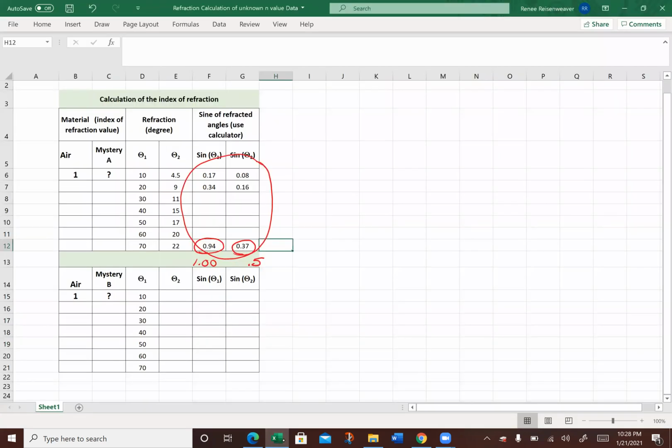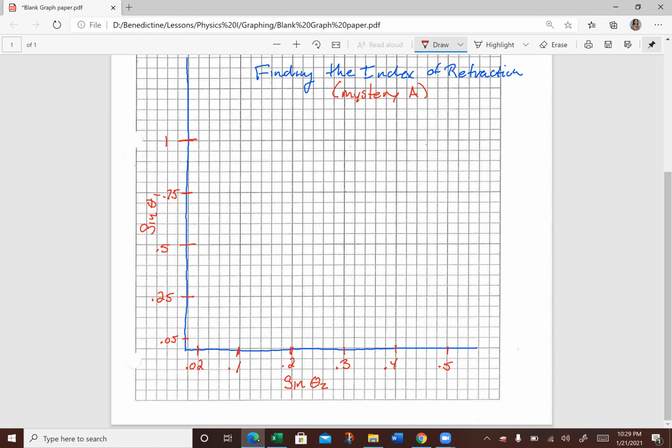If we look at our first numbers, sine of theta 1 is 0.17 and 0.08. So 0.17 would be 0.05, 0.1, 0.15, and this would be 0.2, so it's going to be right in here somewhere. And 0.08, 2, 4, 6, 8.